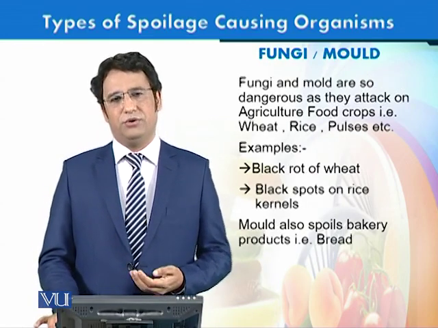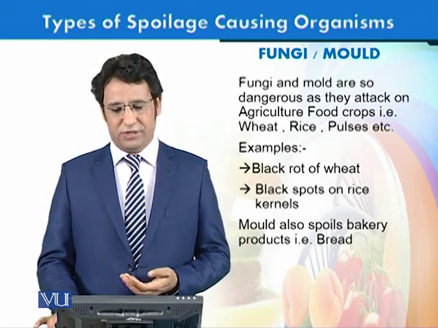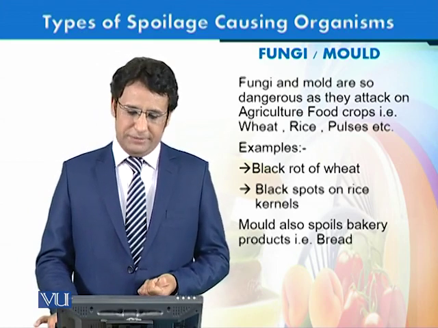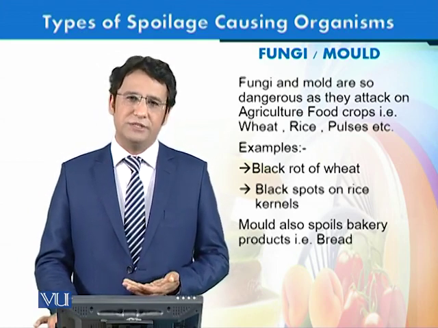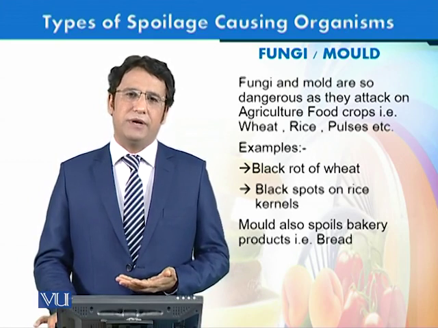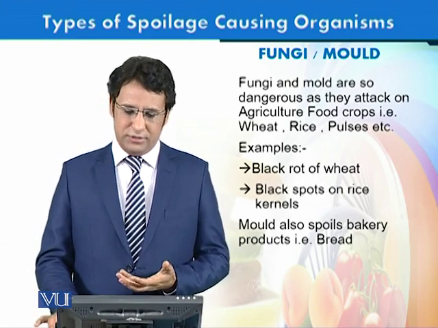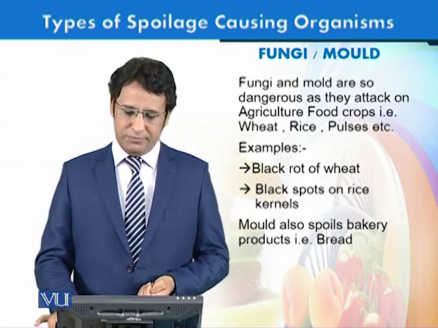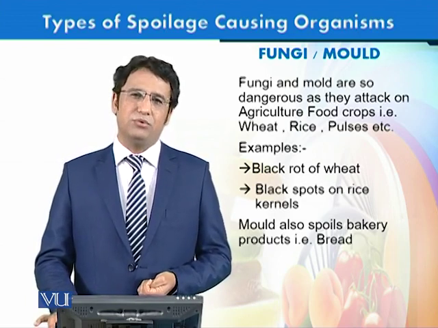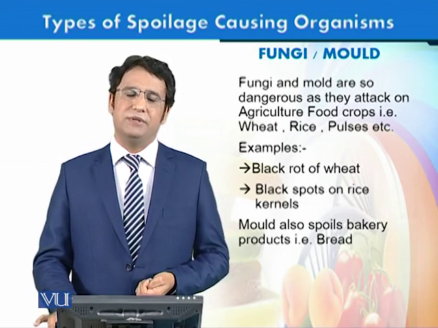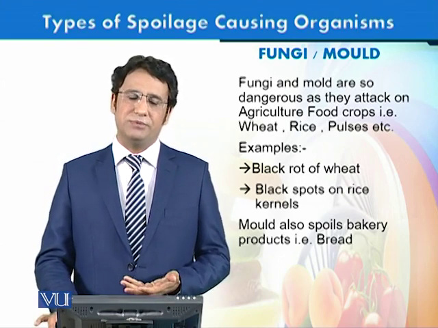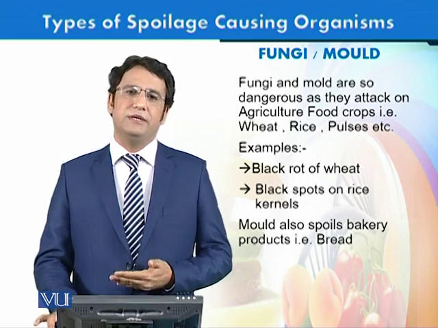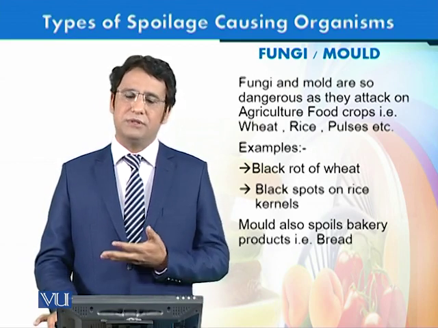The next group of food spoiling organisms are fungi and mold. They are quite dangerous because they attack most of the agricultural produce, for example, crops such as wheat, rice, and pulses. They do cause a lot of disease and pathologies in crops as well as in stored products, for example, stored grains.